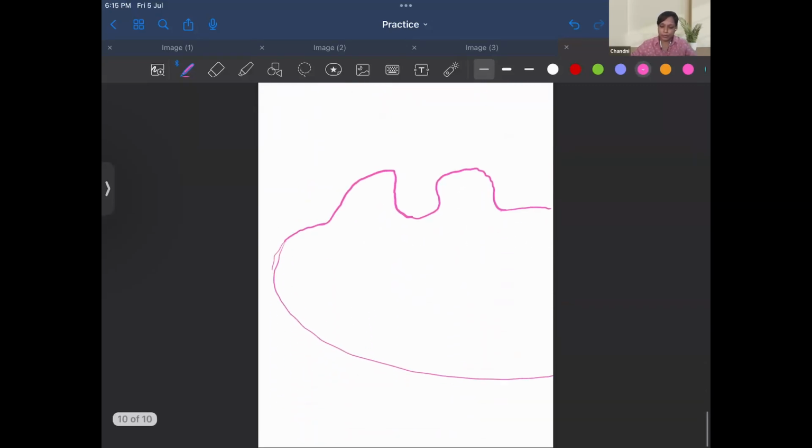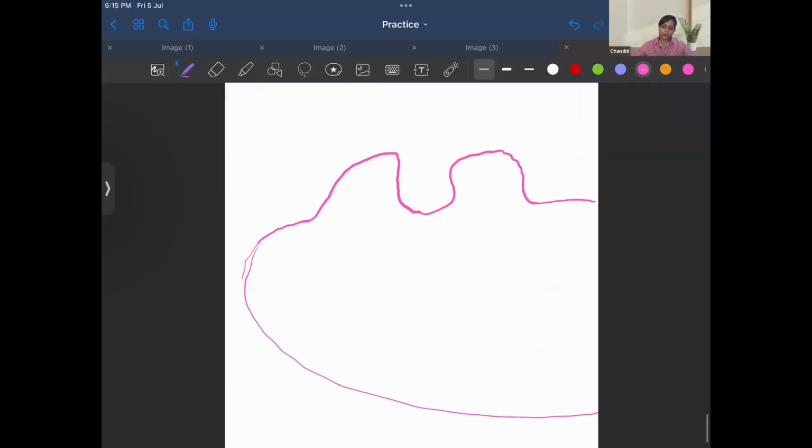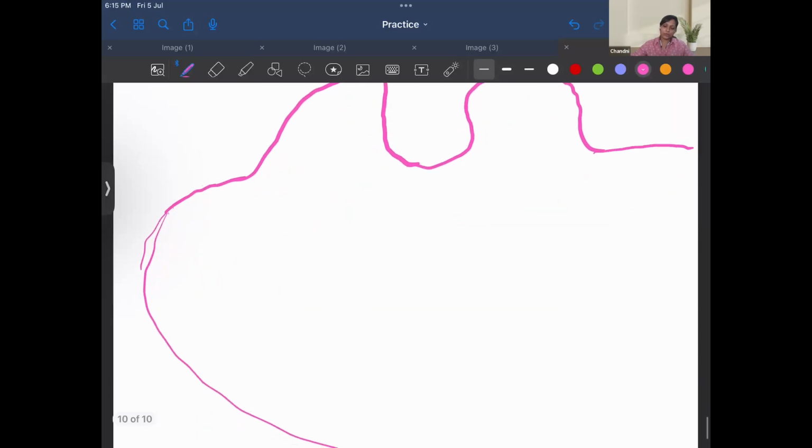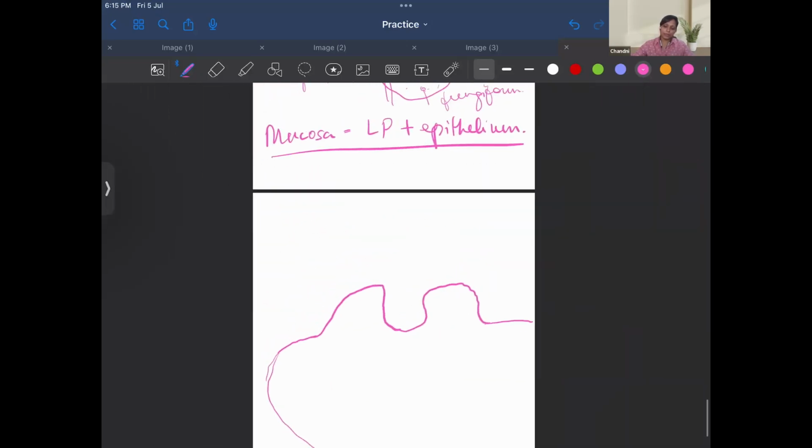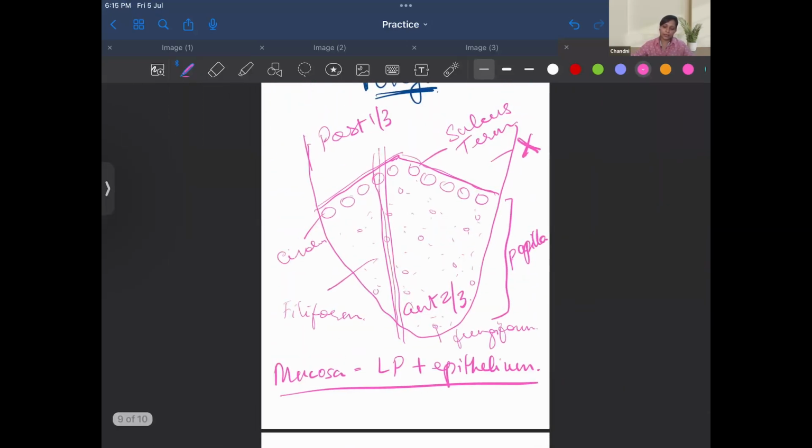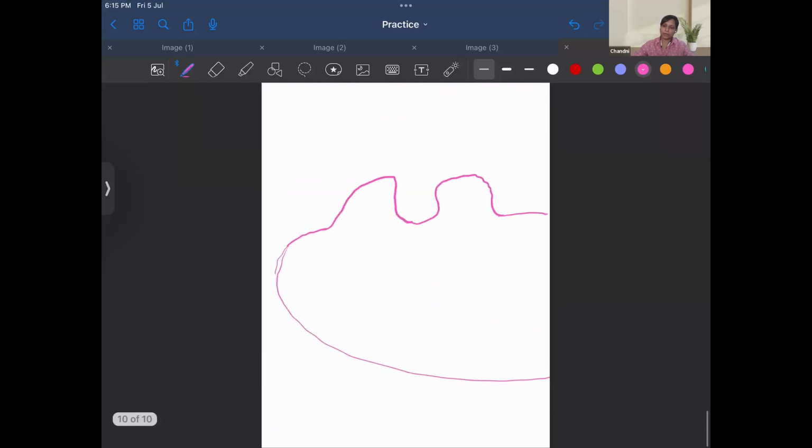Okay. Now let's get straight into it. Now, if you want to draw the image like this of the tongue, what you will do is, if I take a section like this from the back, from that sulcus terminalis right towards the apex of the tongue, this is the shape that I will get.